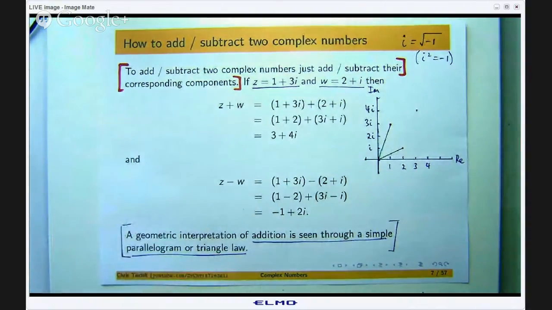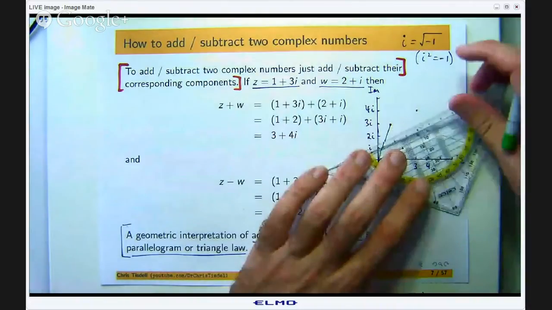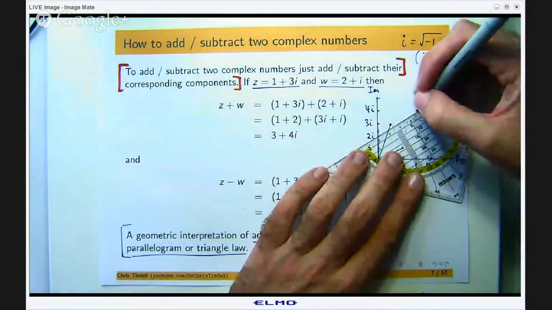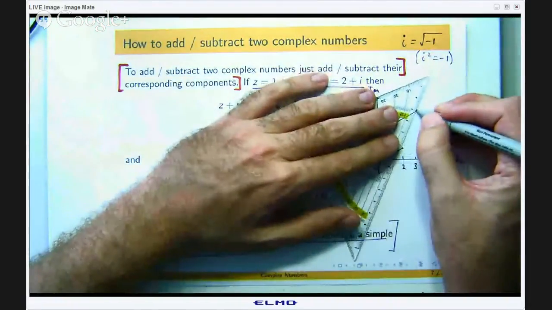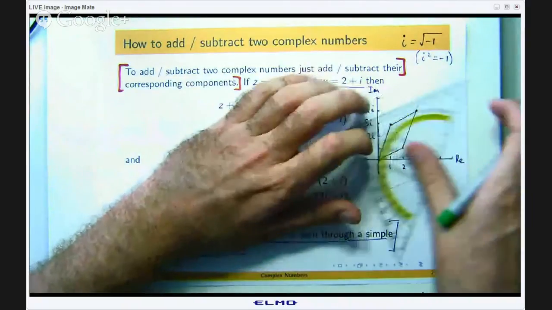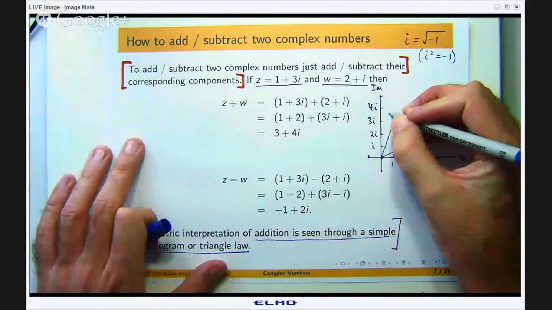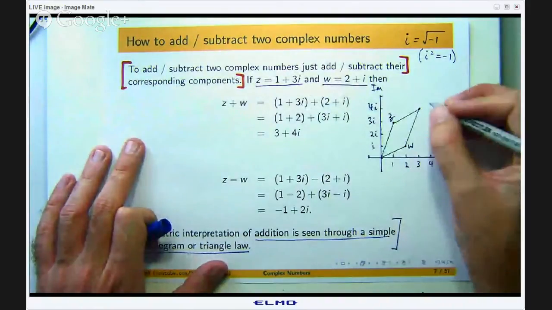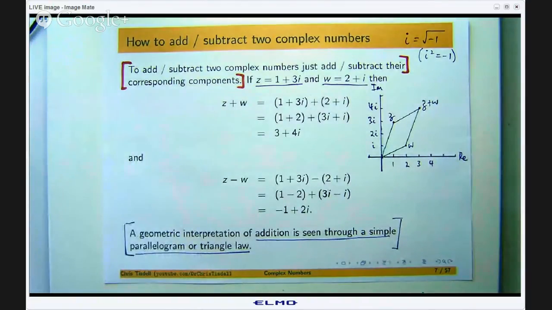Okay, now, if I now take these points and join them up to this new point, I've got a parallelogram. So here's my Z, in this case, here's my W, and here's my Z plus W. So this is what I mean when I talk about a parallelogram law for addition, okay?